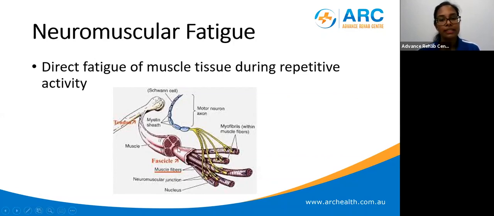So here's one of the things to consider when you're exercising or engaging in physical activity, to ensure that you give yourself a good rest between different sets to make sure that you get the most out of that exercise. Neuromuscular fatigue may present like a foot drop.